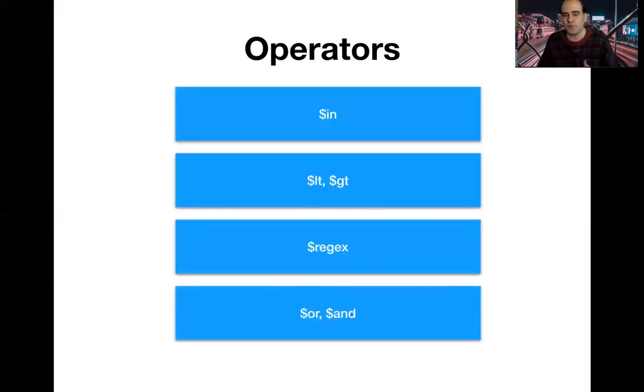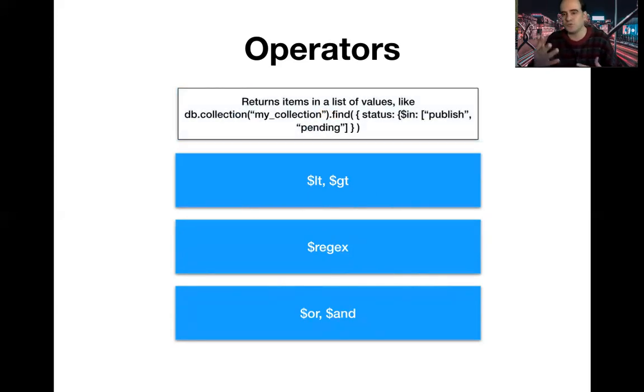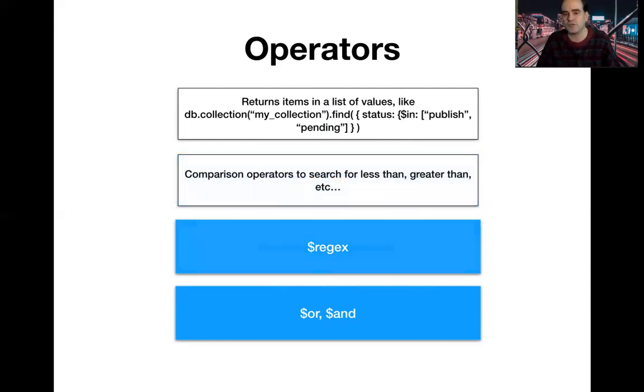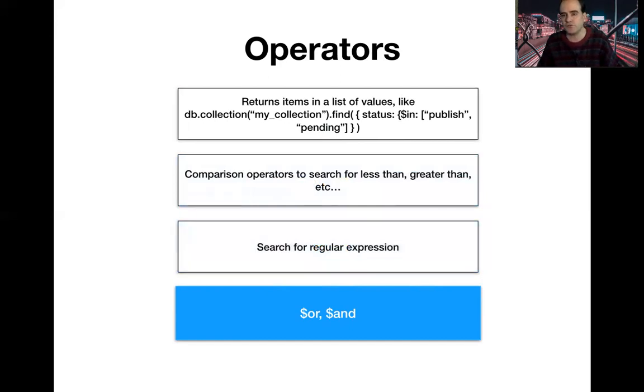Then we have the operators. These operators you include in the queries. For example, you will do like that in order to search published and pending status. You can also use operators for greater than, less than, that kind of thing. You also can define operators for regular expression.